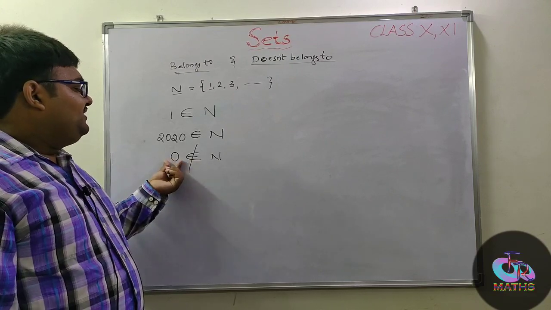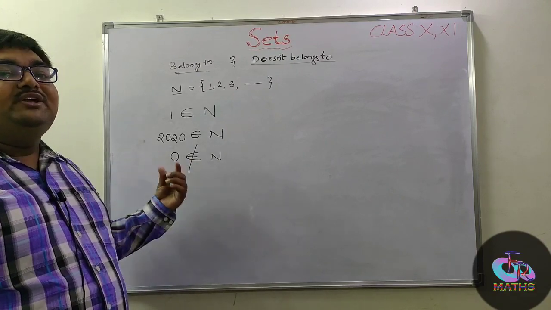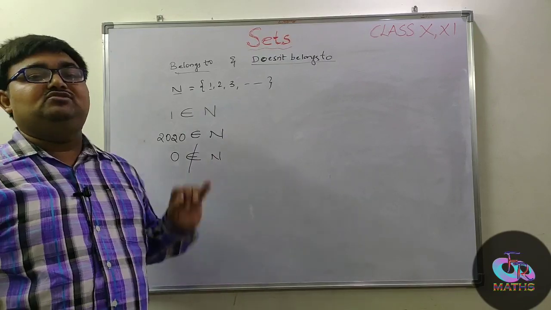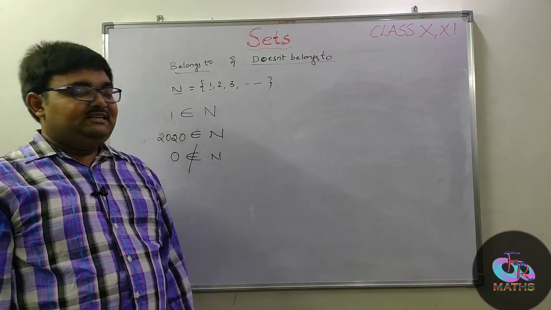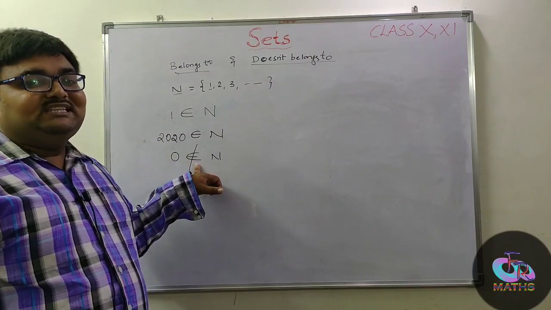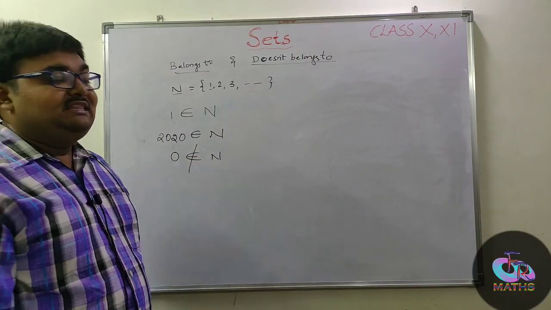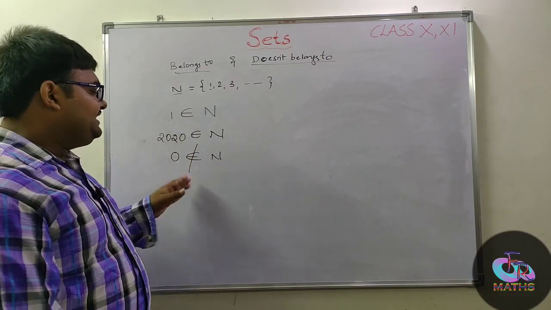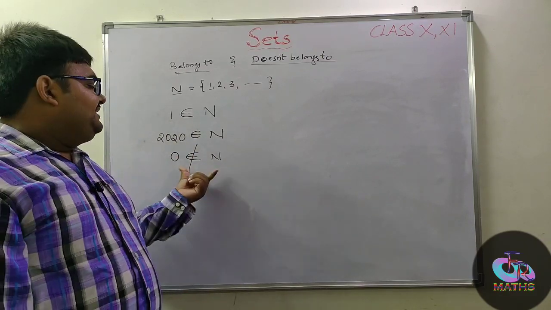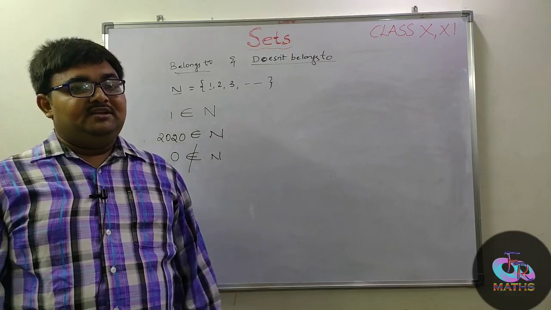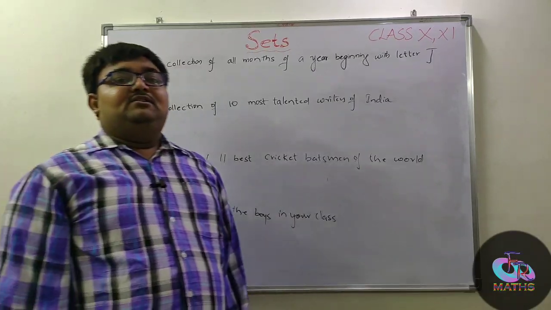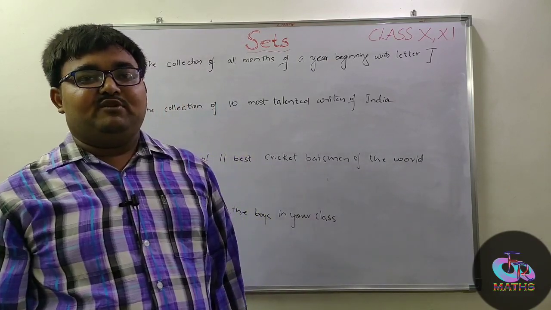So if any element does not belong to the given set, we simply say it does not belong to the set. Belongs to is represented with the belongs-to symbol, and with a strike through it, we can say that it is not an element of the given set N. Okay, let us see the exercise problems.